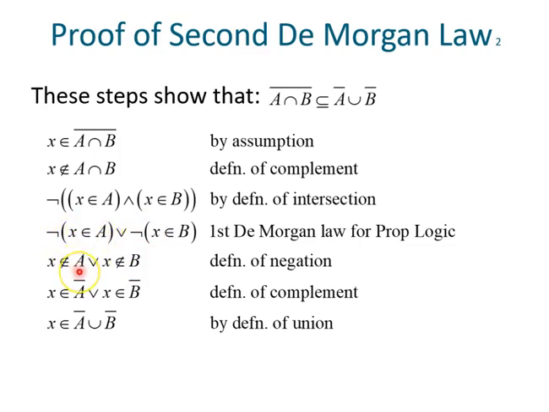It is x doesn't belong to A, and this is x doesn't belong to B. This means that x is an element of the complement of A, and this means that x is an element of the complement of B. And we have OR here, which means that x belongs to the union. So we prove that any element of this set is an element of this set. So we have this inclusion.